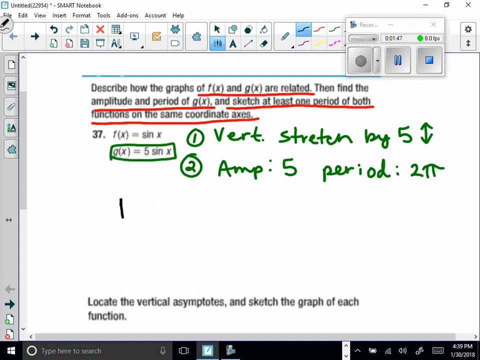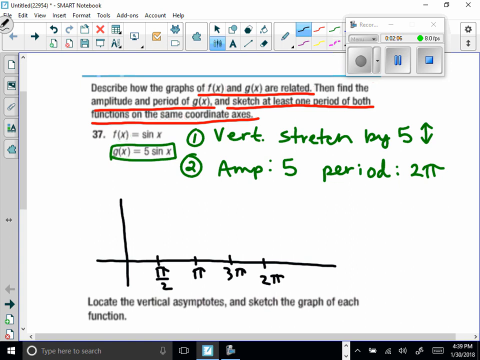So I'm just going to give a rough drawing here. We have our origin, my x-axis, and our period is from 0 to 2 pi, so we'll make this 2 pi. Here's pi over 2, and 3 pi over 2.